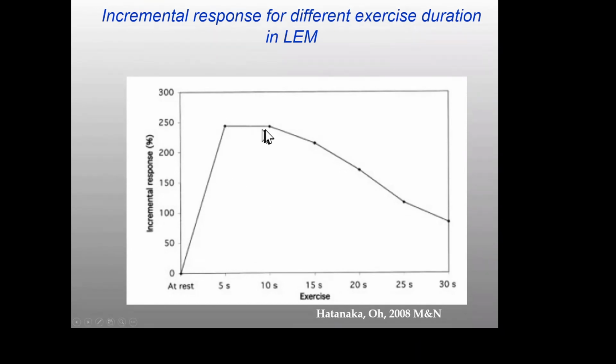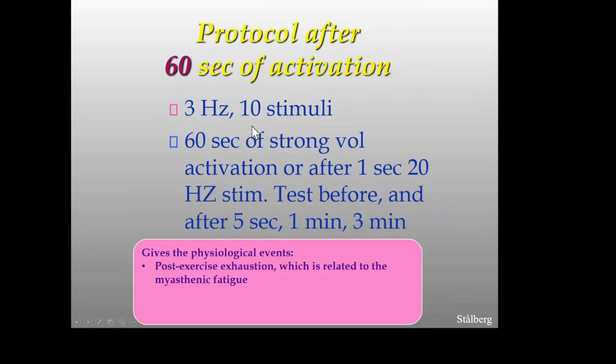The 10-second activation was tested by Shin-Oh and his colleagues, and they found in Lambert Eaton myasthenia that 5 seconds or 10 seconds gives the maximum degree of facilitation. Then you start to have some exhaustion. So 20-second activation is not as good as 5 to 10 seconds.